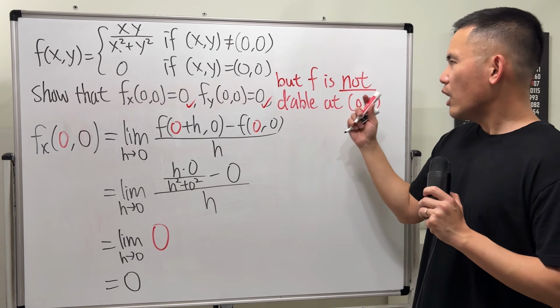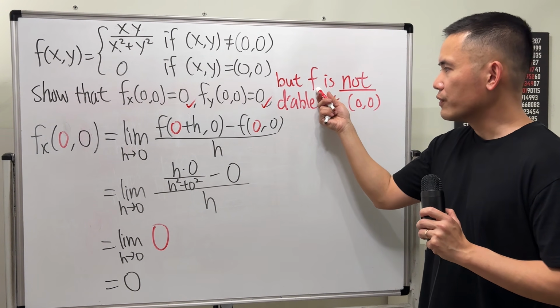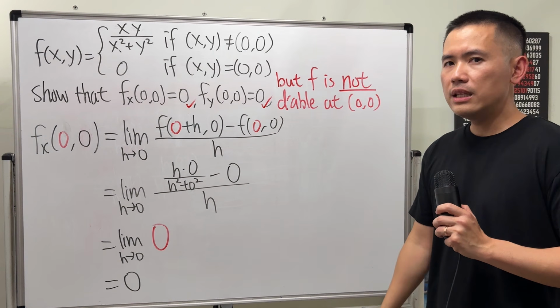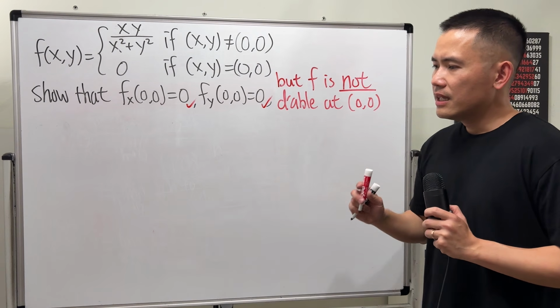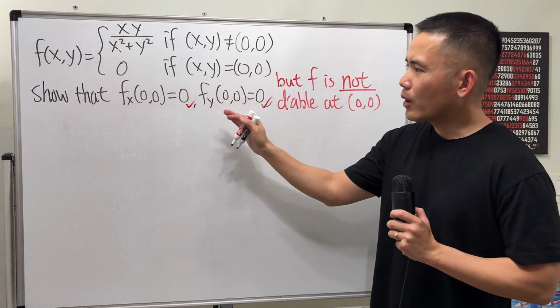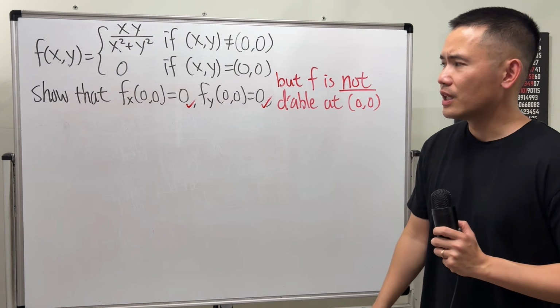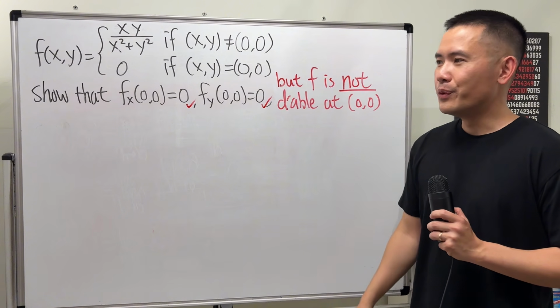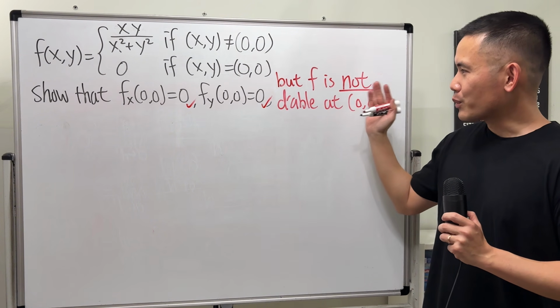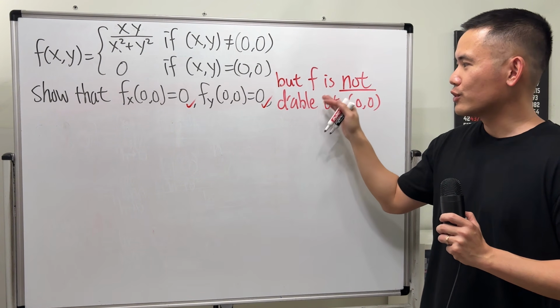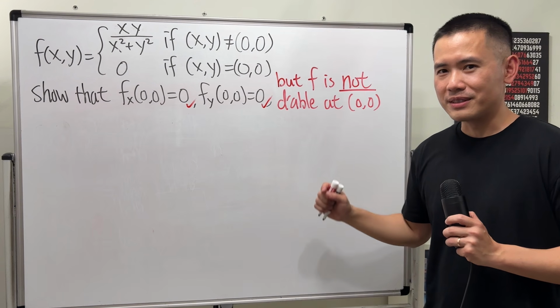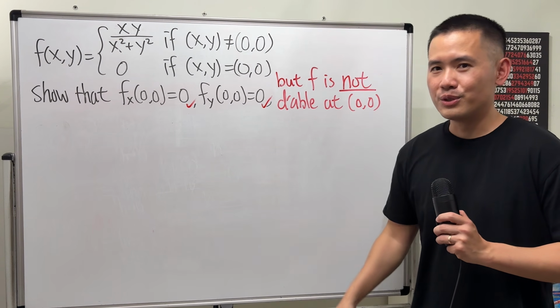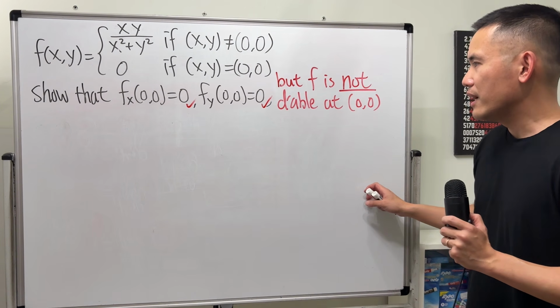Now, how are we going to show that the function itself is not differentiable at the origin? The idea here is that having the partial derivatives is not enough, because we only have the x direction and the y direction. If you want the derivative at the origin, for the function to be differentiable, you need to consider all the possible directional derivatives.